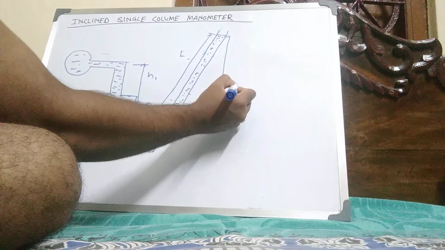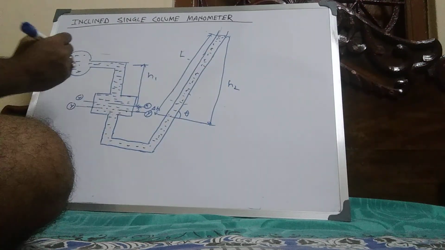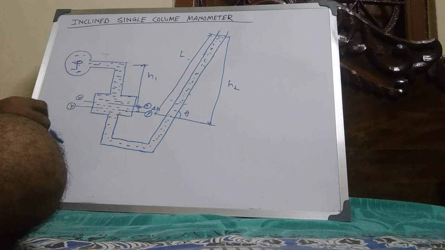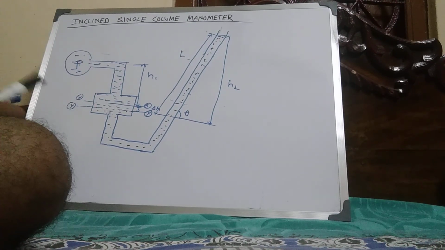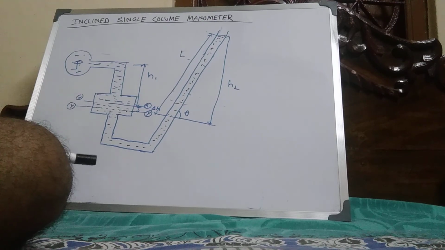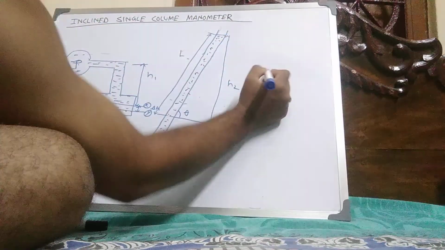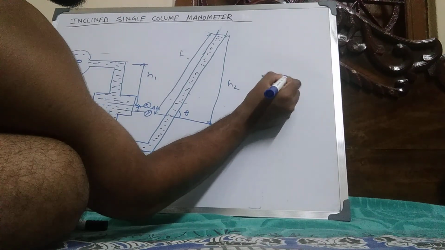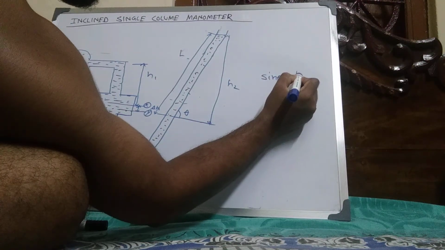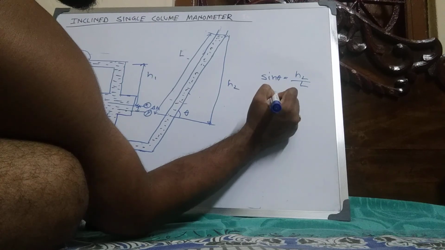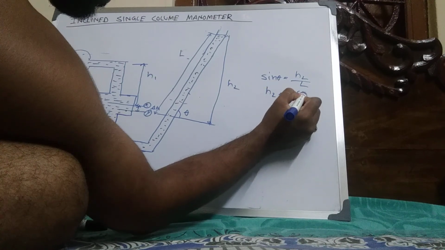This height is H2. And here the pressure is P. And the length is the same as the single column manometer. So sin theta equals H2 by L, so H2 equals L sin theta.